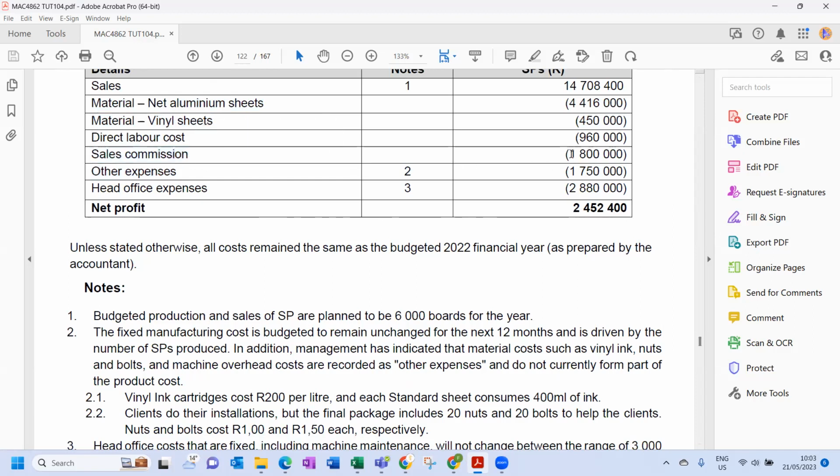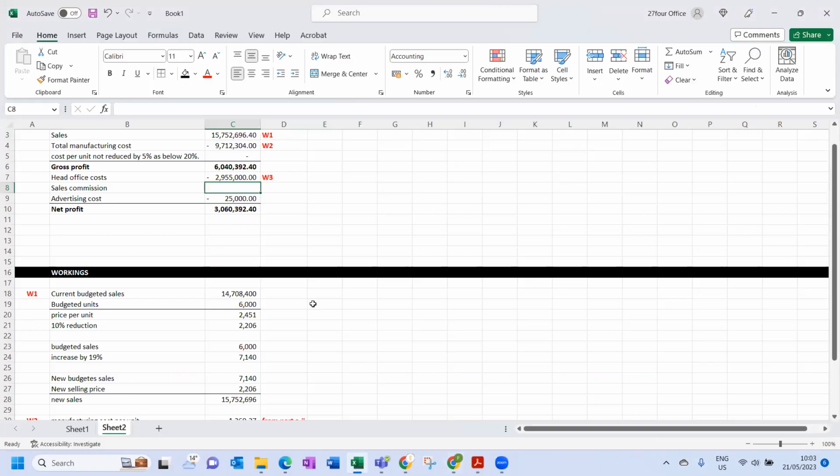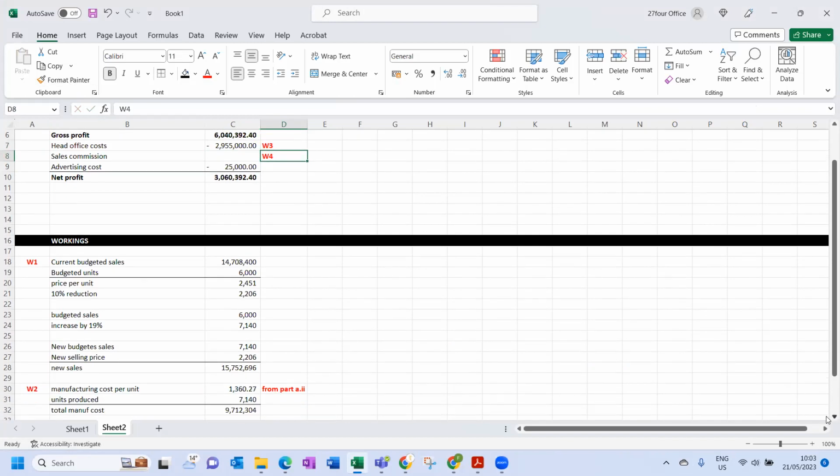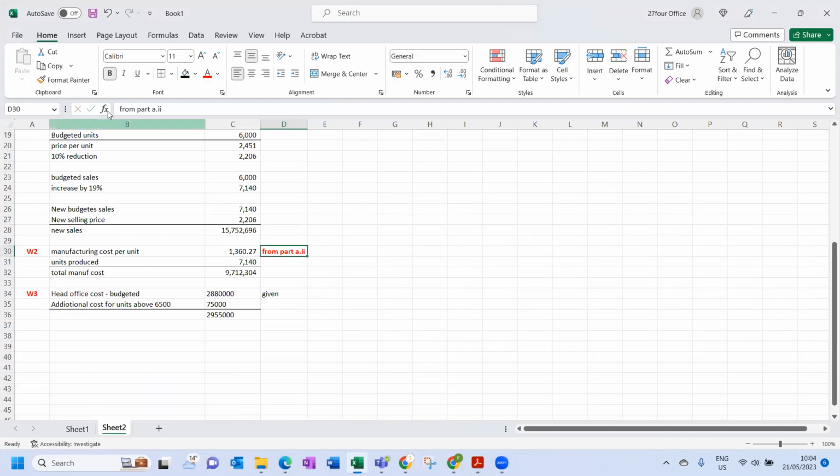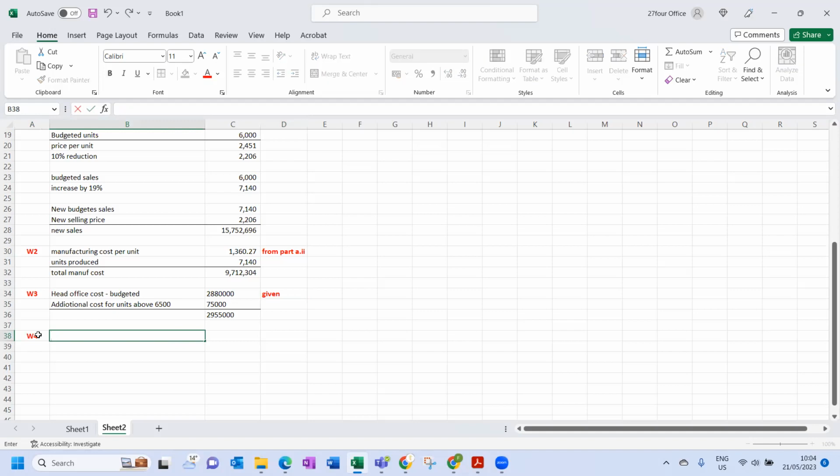We need to know how much they get per unit. So it is 1.8 million. Over here, I'm going to have working 4. Commission budget, which was 1.8 million.